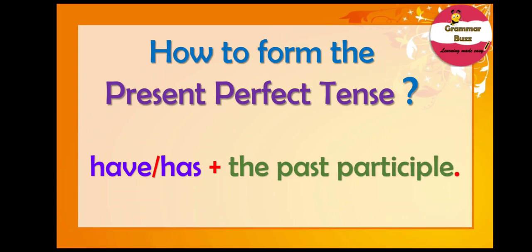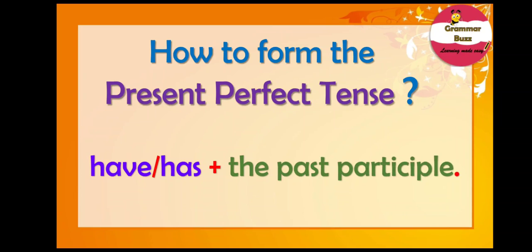Example, walked, cleaned, or the irregular verbs. However, English has quite a few verbs that have irregular past participles. Example, do, done, say, said, eat, eaten. Well, remember, the present perfect is formed by adding have or has plus the past participle form of the base verb. Well, isn't that quite simple to remember?